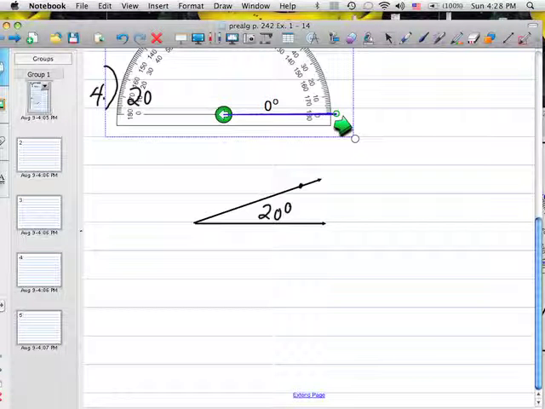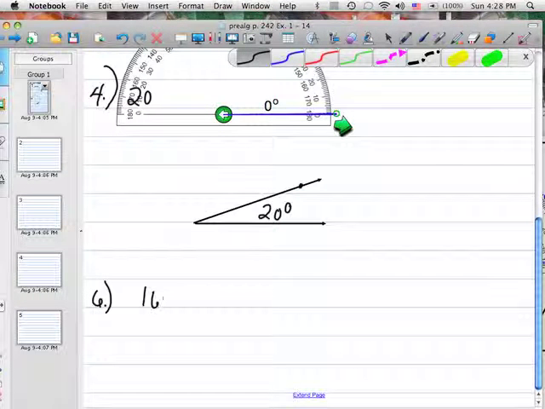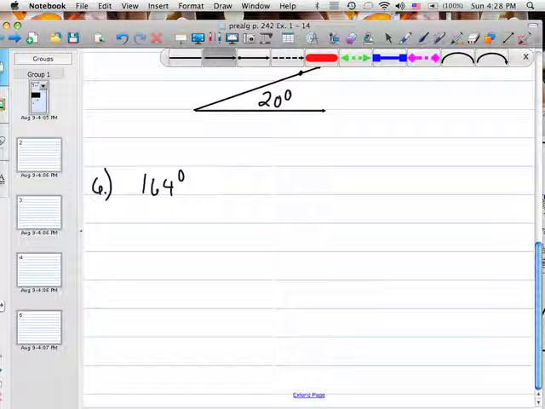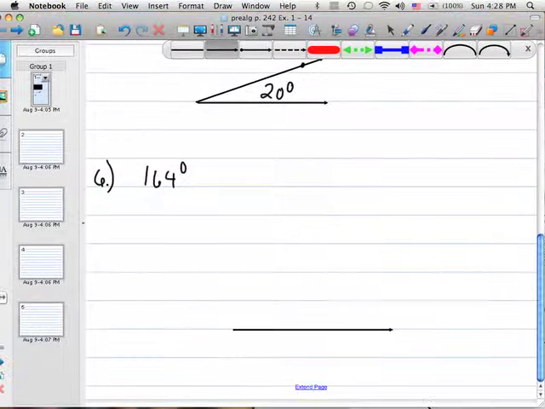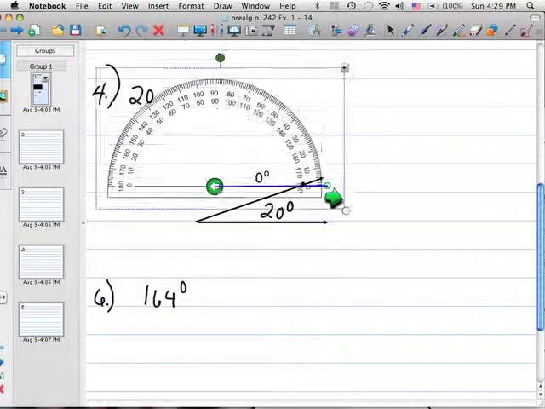Okay, problem number 6. We have to make a 164-degree angle. So we draw a ray. This is going to be a big angle, obtuse. So bring our protractor down.